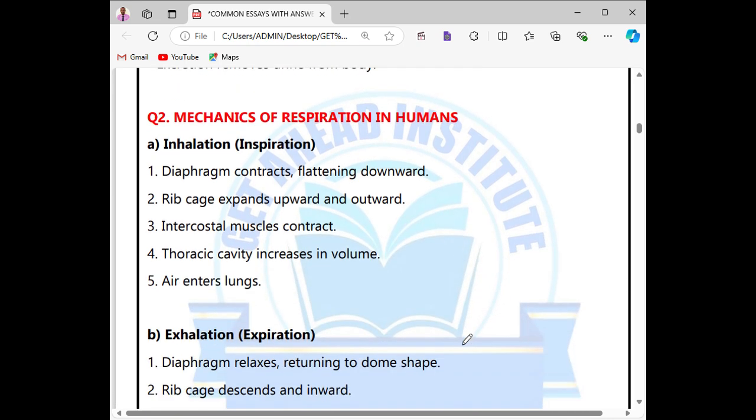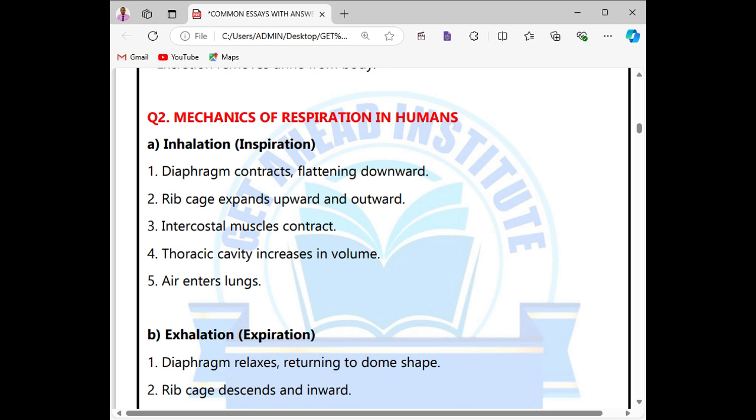All right. Okay, so the next question has to do with respiration. This has to do with respiratory physiology. The question is saying, describe or explain the mechanics of respiration in humans.